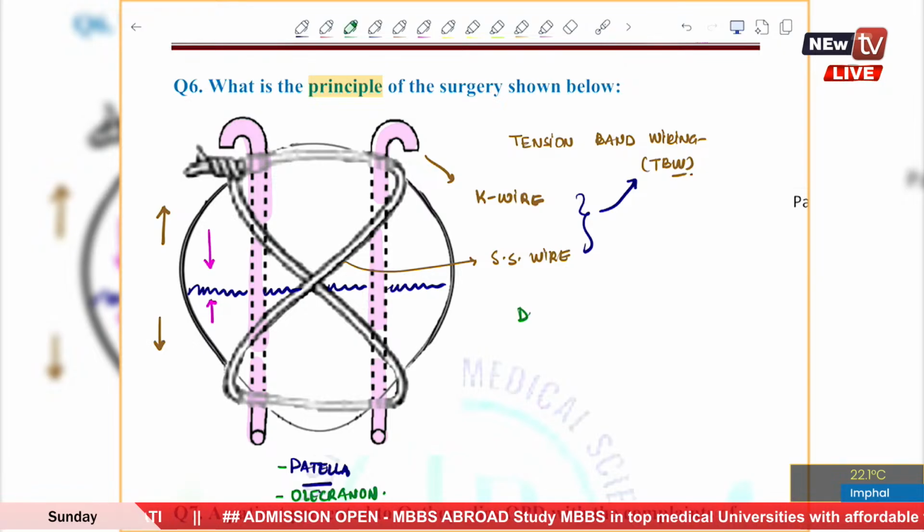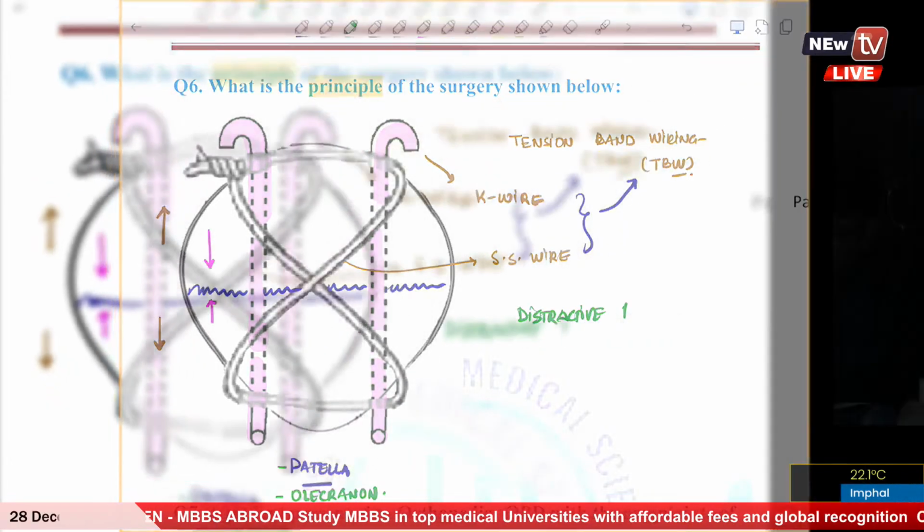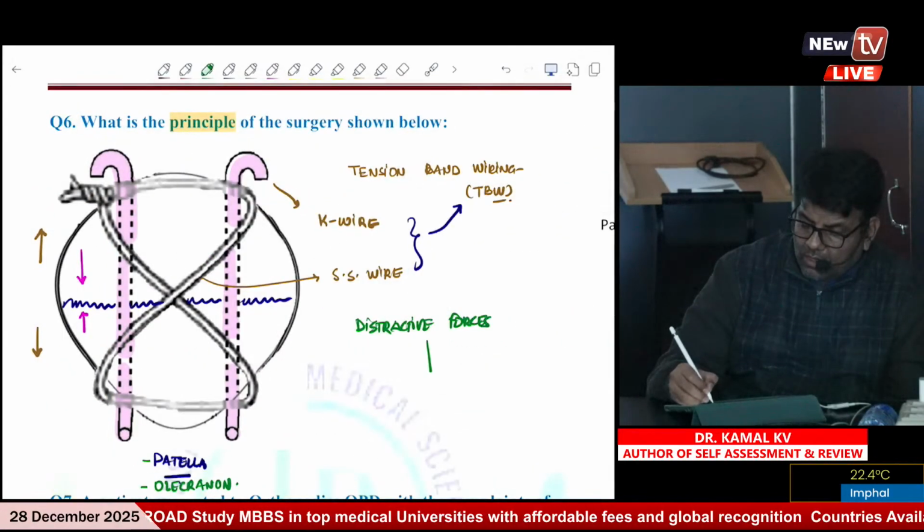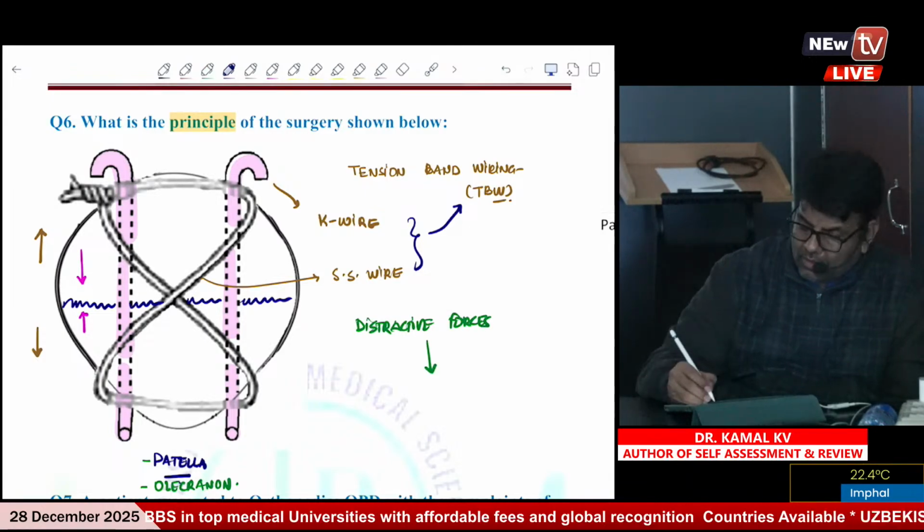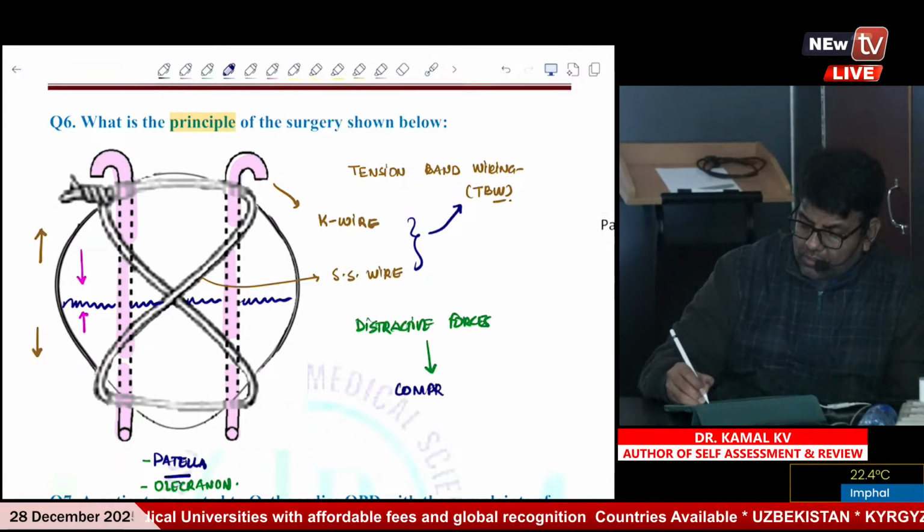So it means distractive forces are converted into compressive forces.